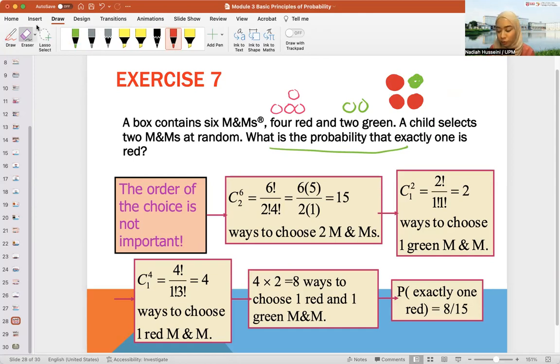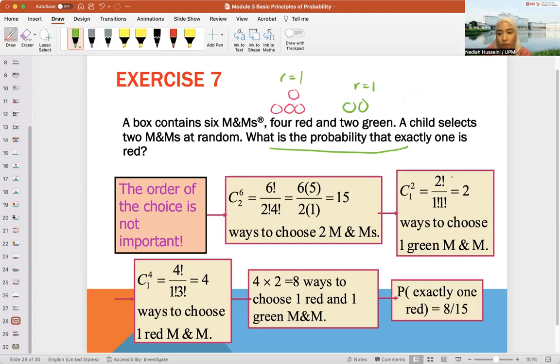So now we want to know the number of possible ways to select 1 red M&M and 1 green M&M. To do this, we get a subset of 1 out of the 2 greens and a subset of 1 out of the 4 reds.